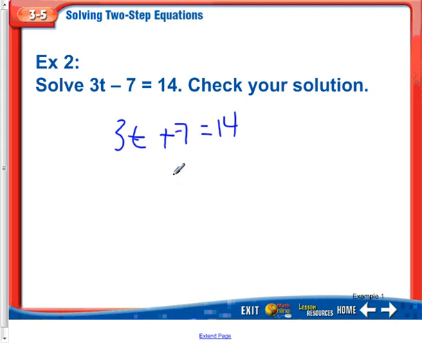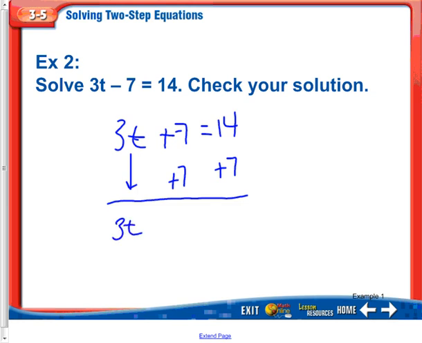To cancel a negative 7, I need a positive 7 on both sides of the equation. Please notice how I'm lining everything up. I put the positive 7 right below the negative 7 and the positive 7 right below the 14.